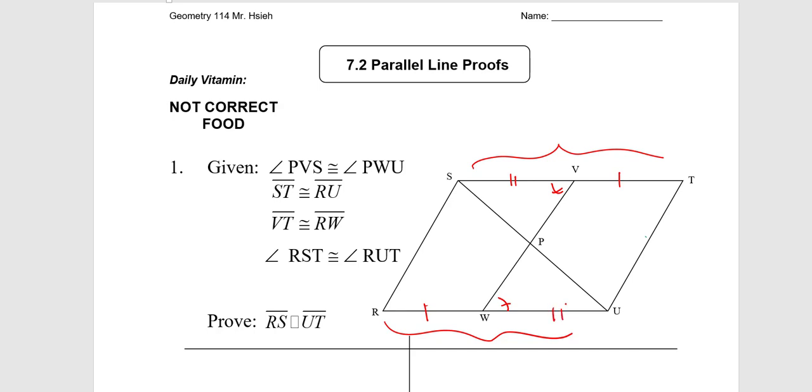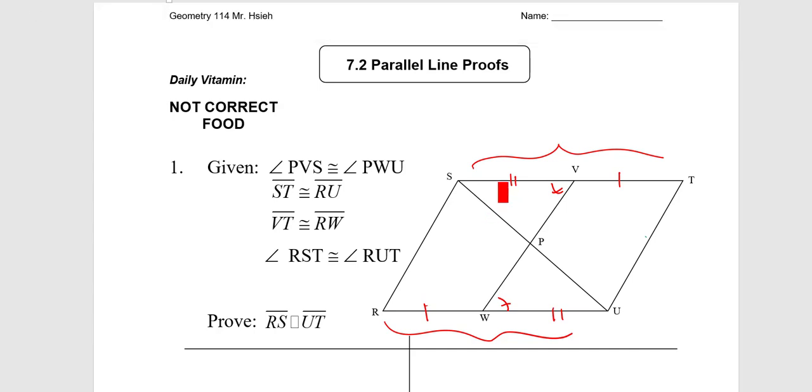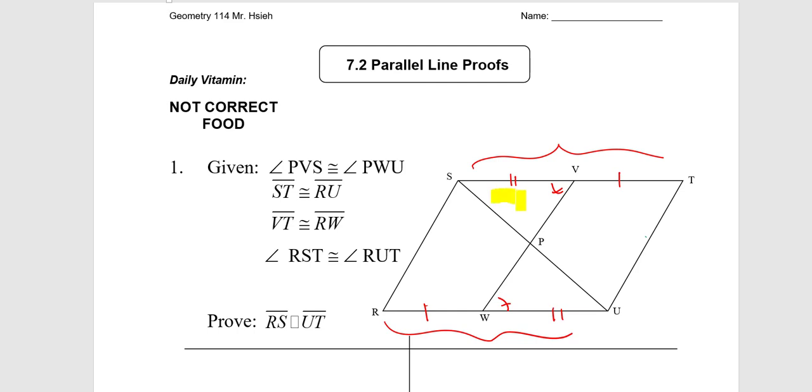And it looks to me like I have a couple of triangles here that are going to be congruent to each other, right? I see that this is going to be congruent to this because I have this angle congruent to this angle because they're vertical angles. So I can see that those two triangles are congruent to each other.